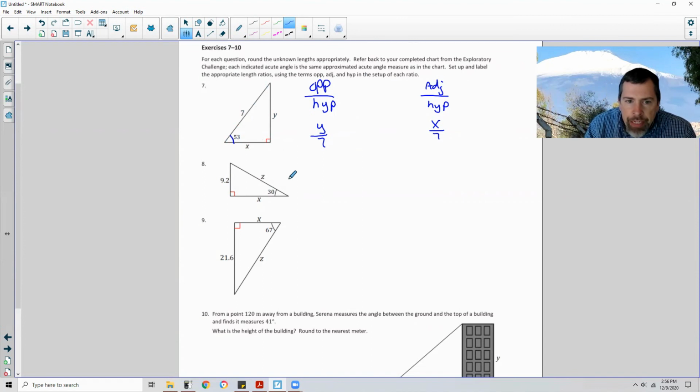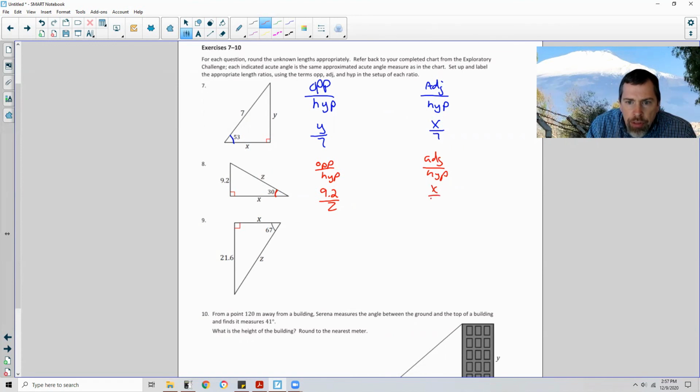All right, next one. Just change colors. Here is our reference angle right here. So if I do opposite over hypotenuse, the opposite of 30 is 9.2, and the hypotenuse is z. And if I do adjacent over hypotenuse, this side is adjacent to the 30-degree angle, x over z.